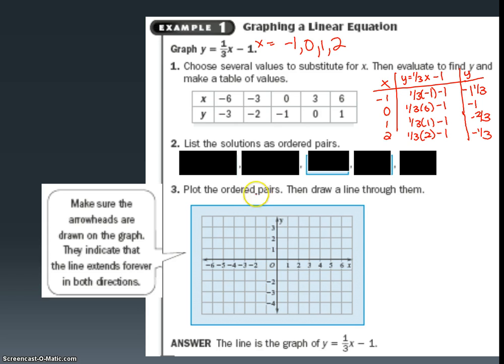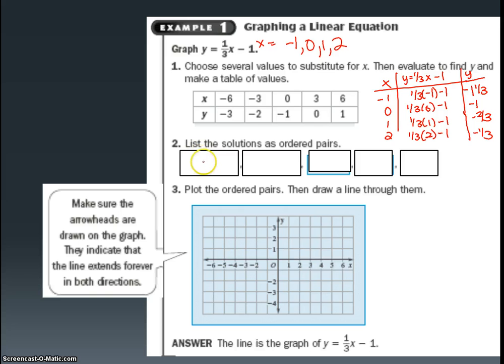Now, these are your ordered pairs. So your solutions are -1, -1 and 1/3, 0, -1, 1, comma, -2/3, and 2, comma, -1/3.